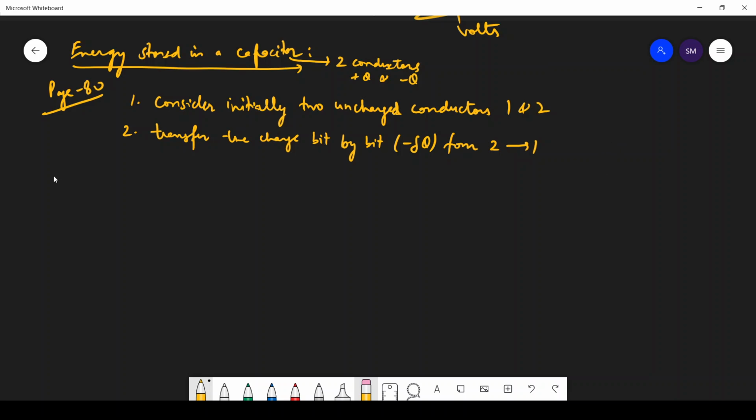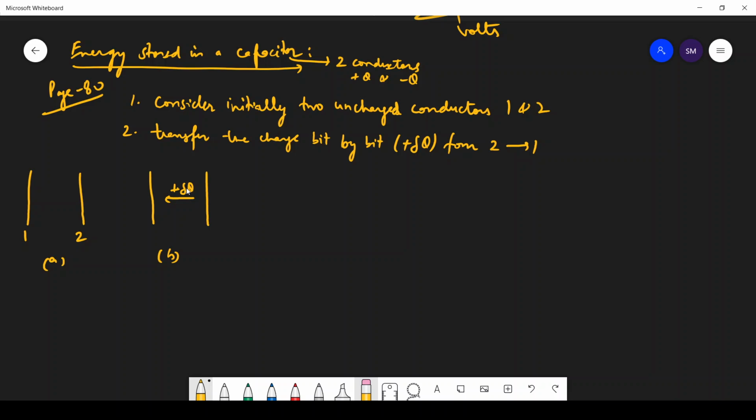Let us draw here. This was the first scene, figure A, no charge, and then this figure B. So I'm transferring this plus charge to this plate bit by bit.